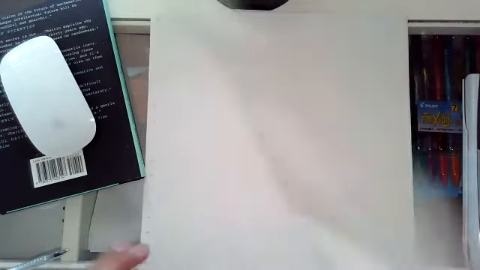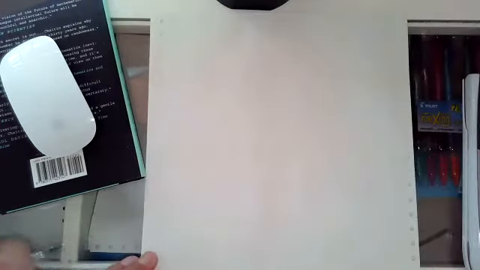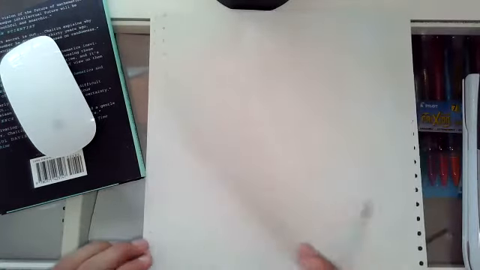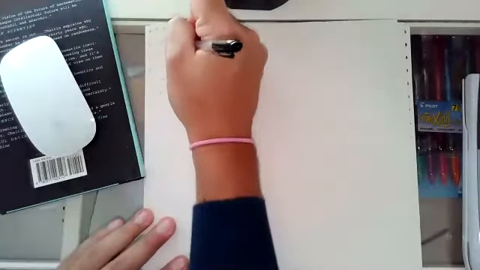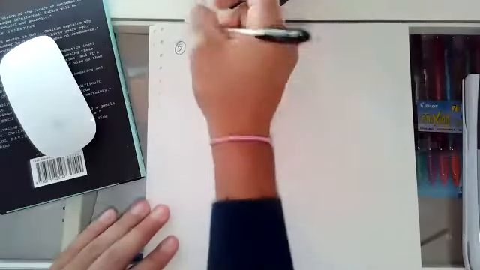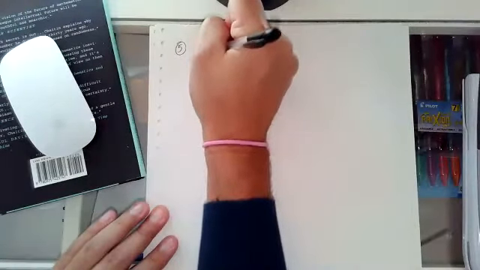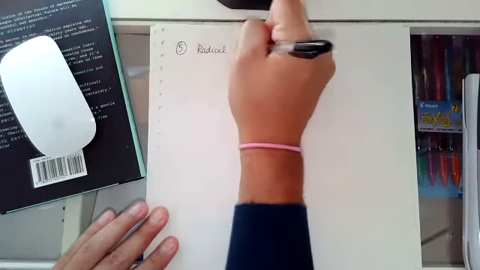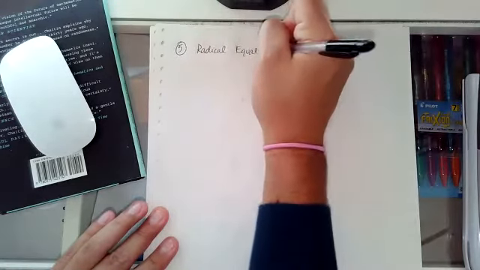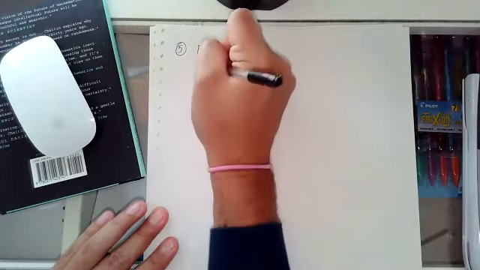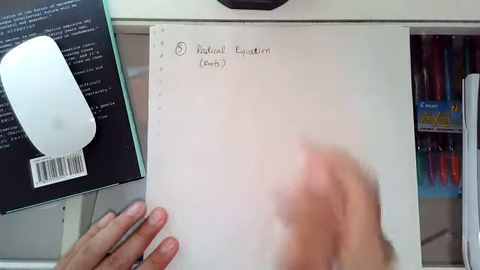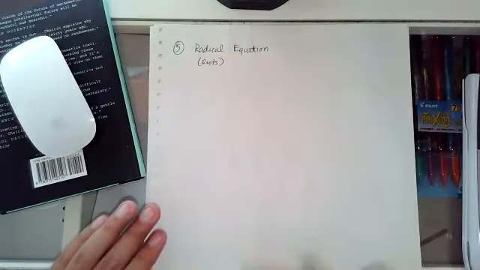But now we need to be able to solve, was it 3 and 4, 5, which is a radical equation. So those are things that have roots in them. And radical equations look something like this.